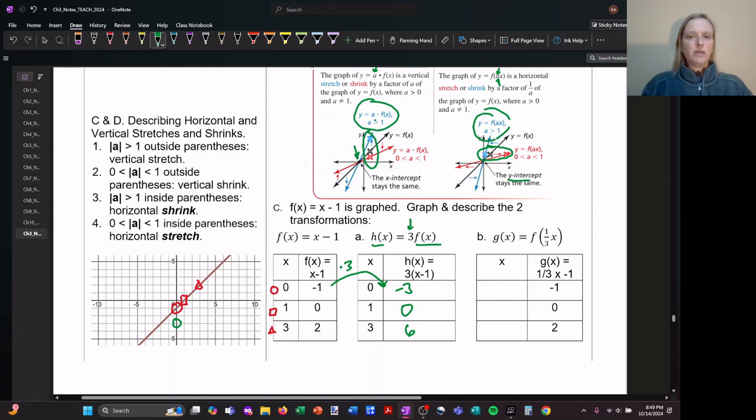A point at 1, 0, so that point is the same. And a point at 3, 6, which is up here, not quite on the graph. And then if I do the best I can, let me just have an extra point here to help me draw a straighter line. Okay, and that's my graph of H.